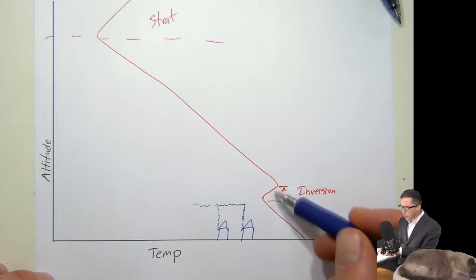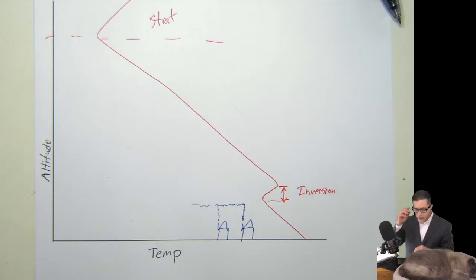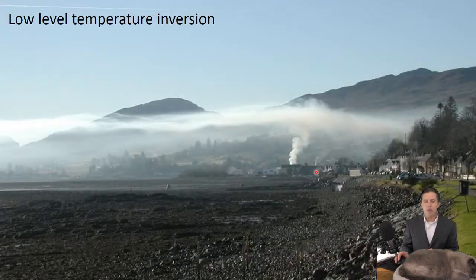And as long as this temperature inversion stays there, this pollution continues to be trapped below it. So sometimes you can see something like this, where here's rising warm air, it's a fire, and then it hits a temperature inversion, and bam, the smoke doesn't go above that line.